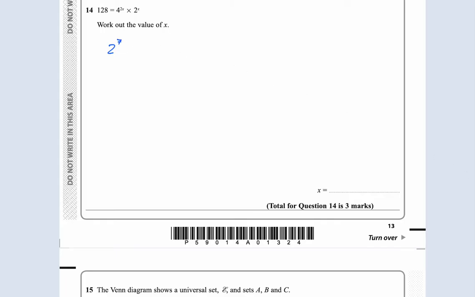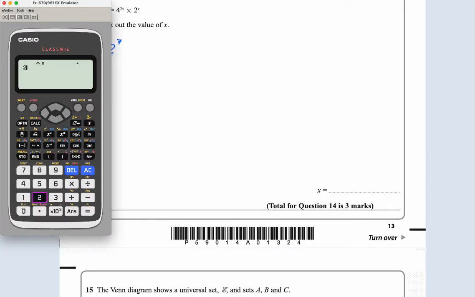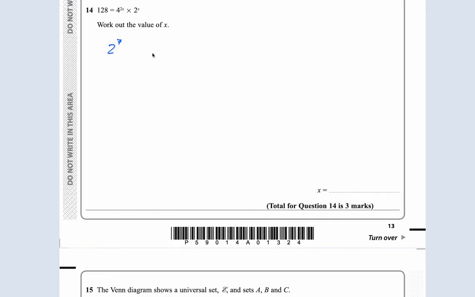Now, just in case you're not sure, just do 2 to the power of 7, like this. 2 to the power of 7 is 128. Okay, so I'm going to write everything with a base 2. Now, this next step is probably the most tricky. So 4, forget that 2 to the x for a second. 4 is 2 squared.